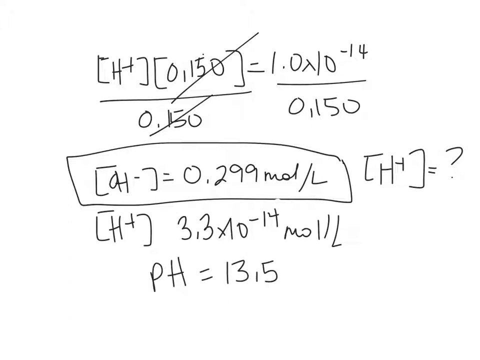Can you give me one more digit? 47? Okay. Thank you. There's 2 significant digits here, so there's 2 decimal places in our pH. Remember that.